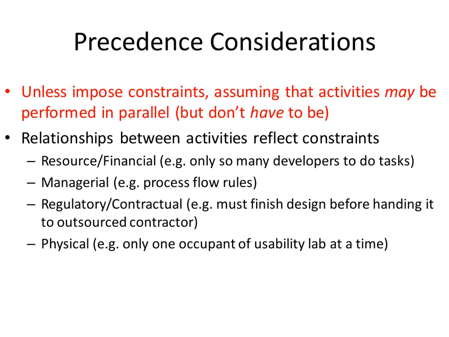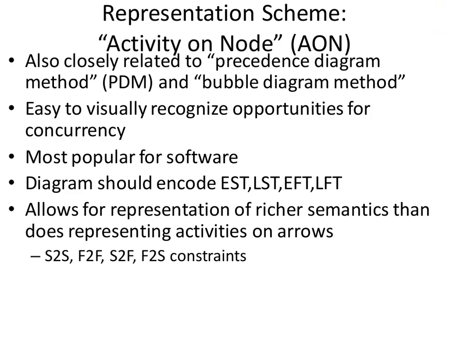From an accessibility standpoint, it may be there, but from a standpoint of being allowed to proceed, it's not there. In some cases, there may be physical dependencies. Perhaps, for example, there's a usability space where they study a person's interaction with the product, and there's only one such space that's built for observation at a time, so you can only schedule one person at a time.